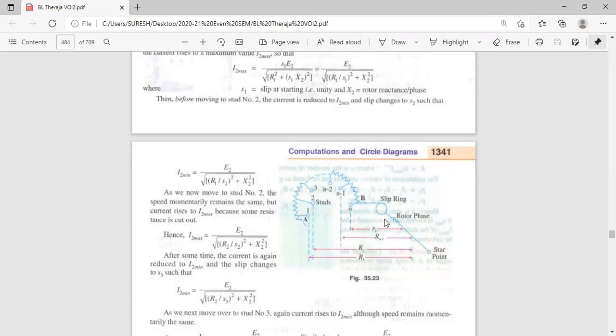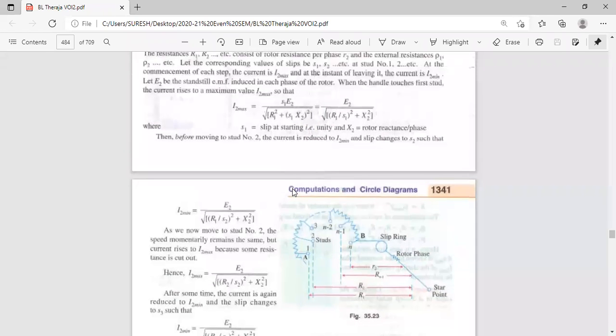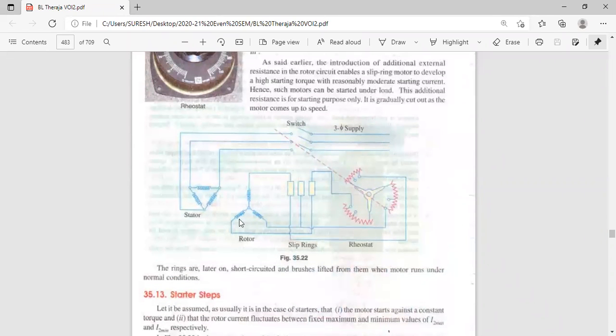To this rotor, I am adding an external rheostat. The entire resistance of this rheostat is R1. R2 is the resistance of the rotor circuit per phase. If you take only one phase, R2 is the resistance, here R2, here R2.